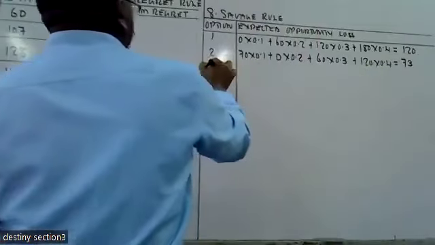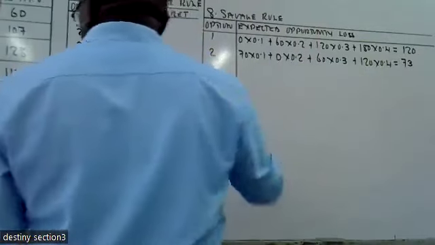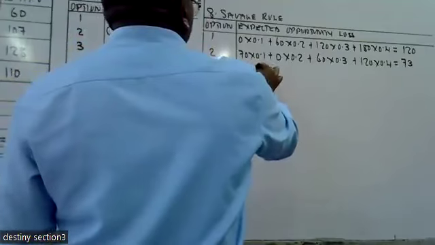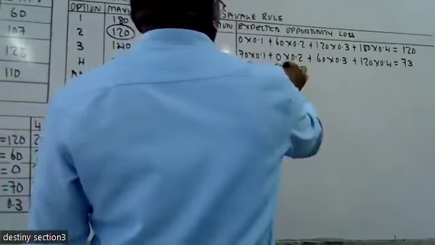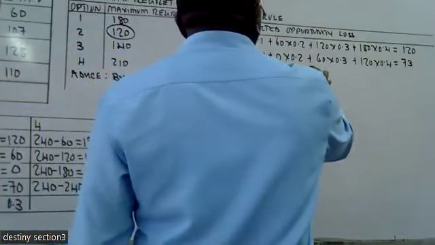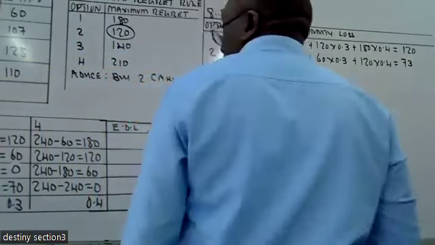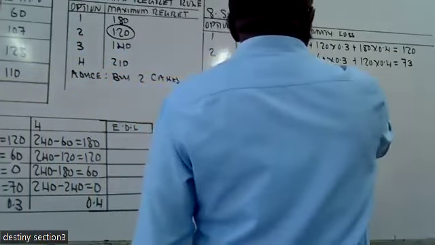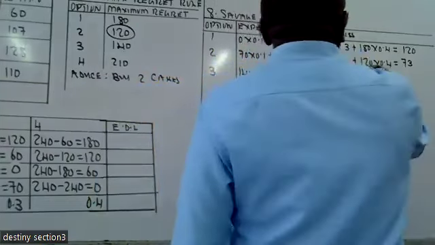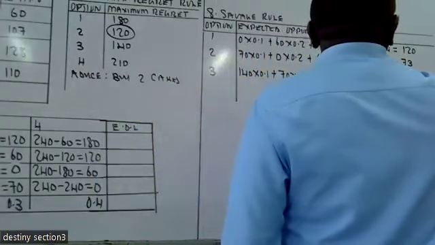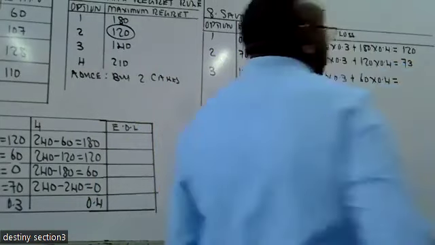We get to number 3, where we say 140 times 0.1 plus 70 times 0.2 plus 0 times 0.3 plus 60 times 0.4.